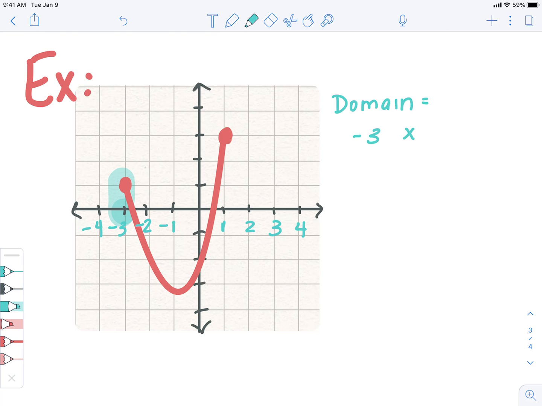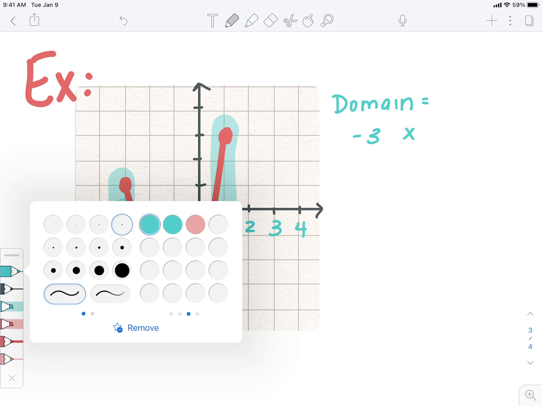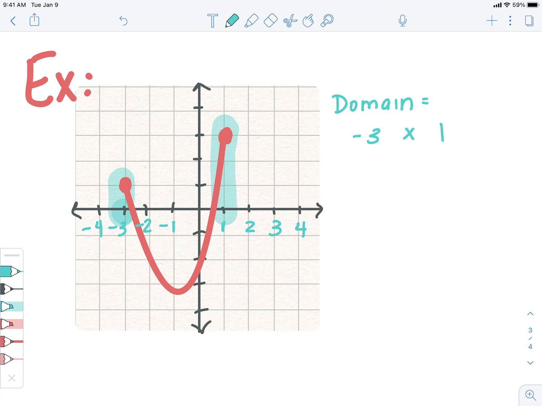And my last x value is at 1. And then both of those circles are colored in, so they're closed circles. So I'm still using my less than or equal to signs.